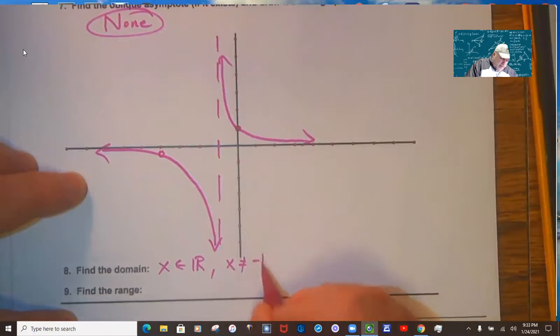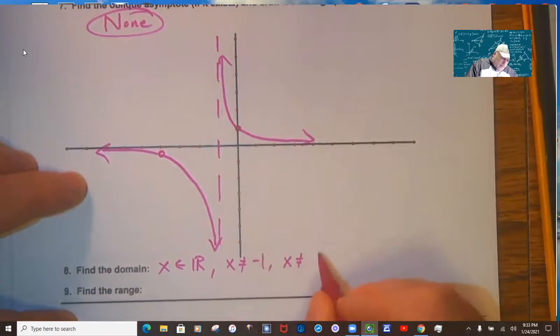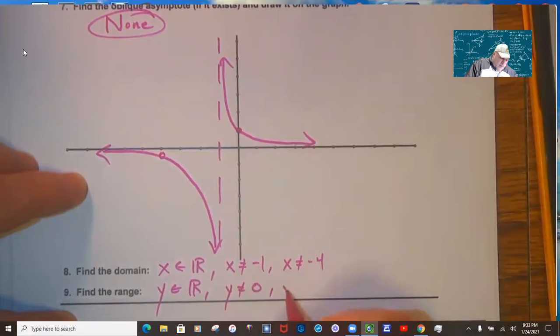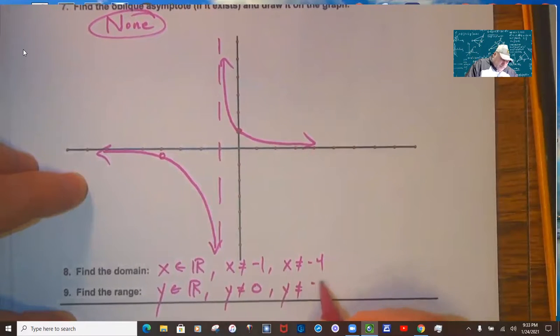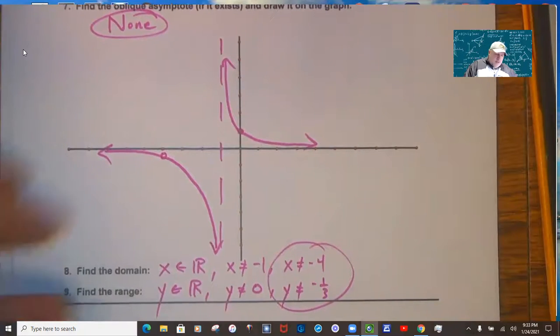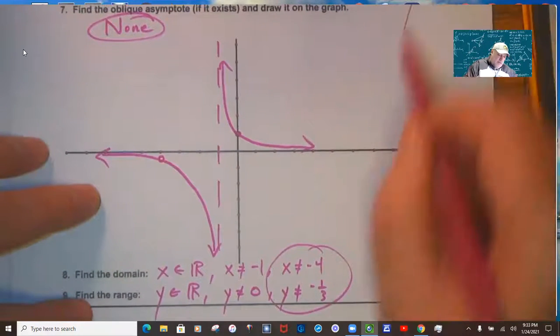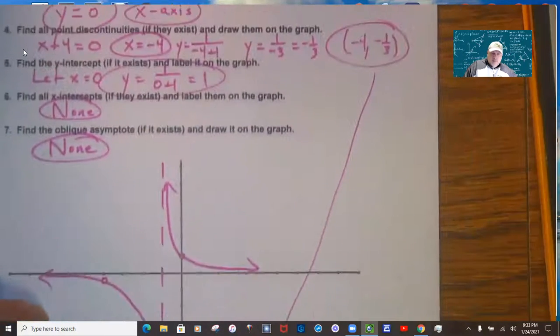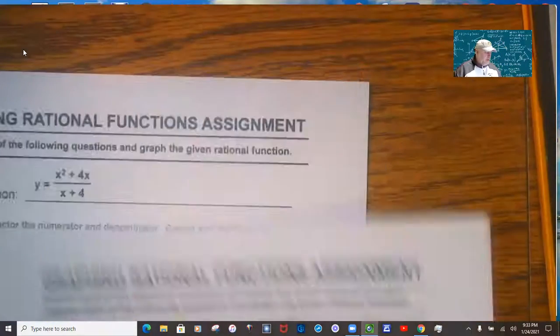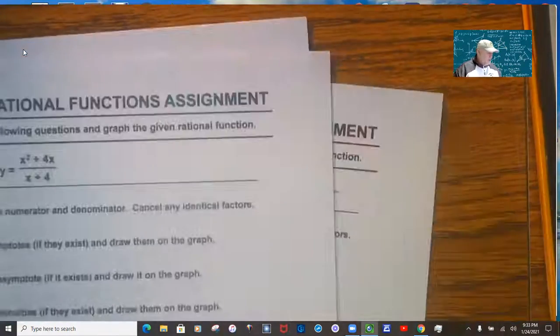Remember, you're taking out the vertical asymptote and the x value that's part of the point discontinuity. So that guy right there is your point discontinuity. These would be the same. Okay, so number 3. Moving along.